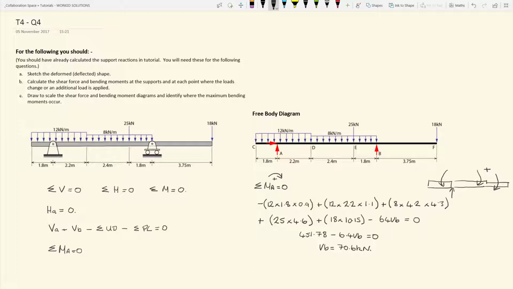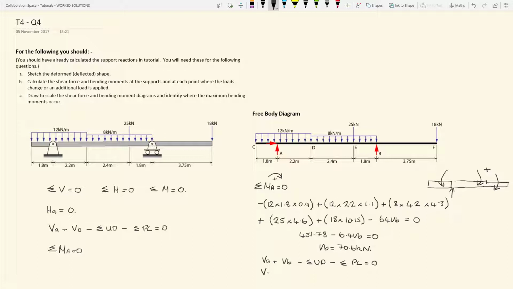If we now go back to our original expression for the sum of the vertical actions, we have VA plus VB minus the sum of the UD loads minus the sum of the point loads equals 0.